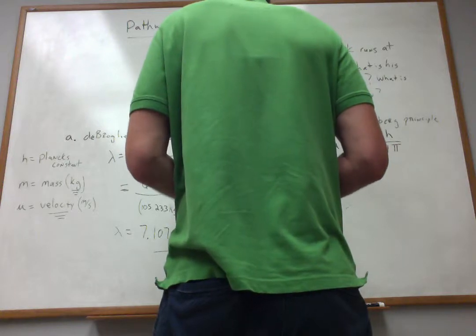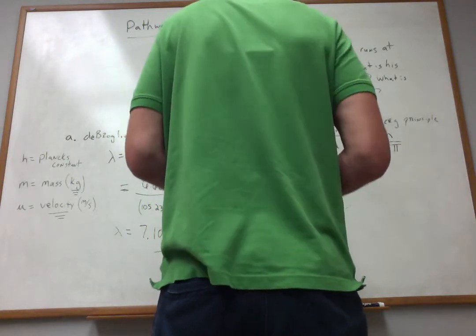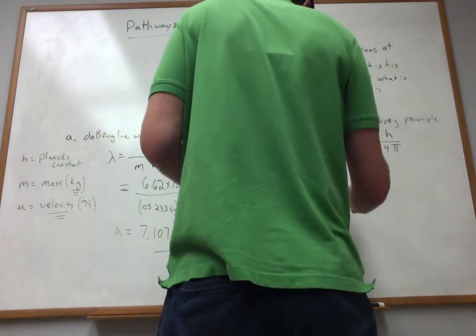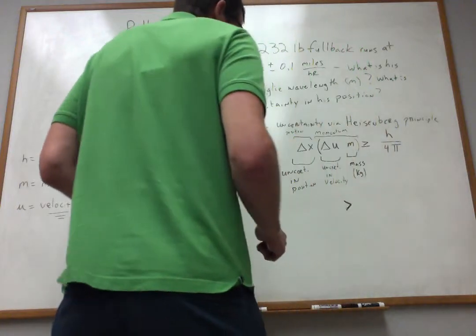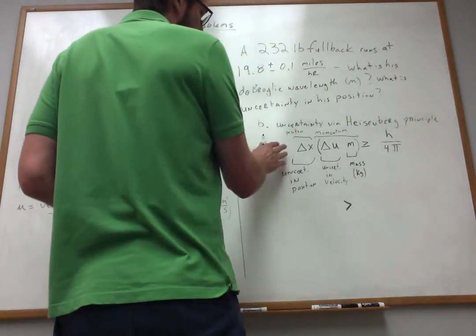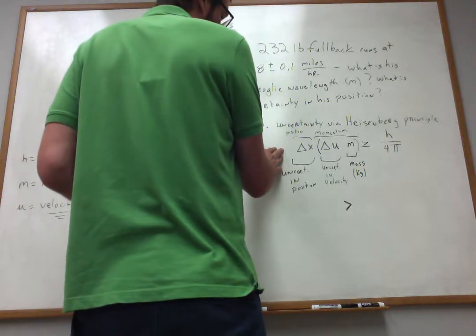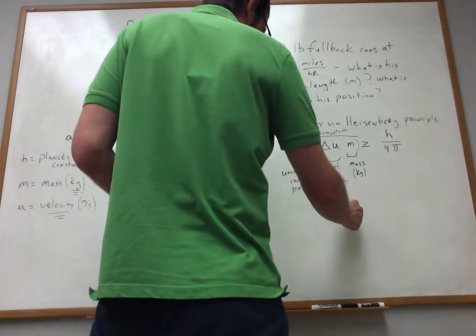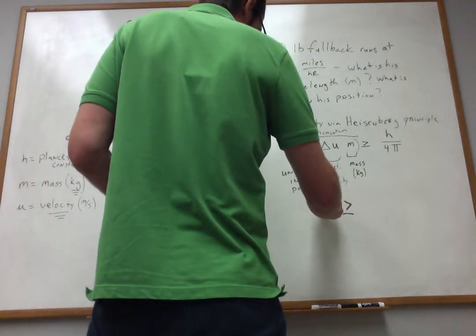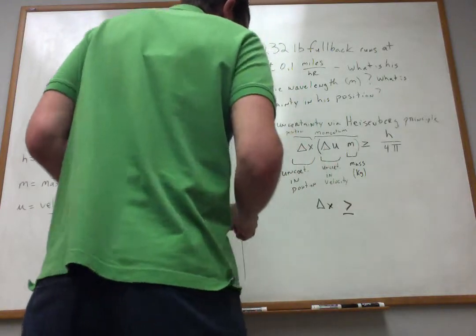Let me get a new marker. The first thing that we're going to have to do is rearrange this equation to solve for the uncertainty in position, which is the delta x that we want to solve for.